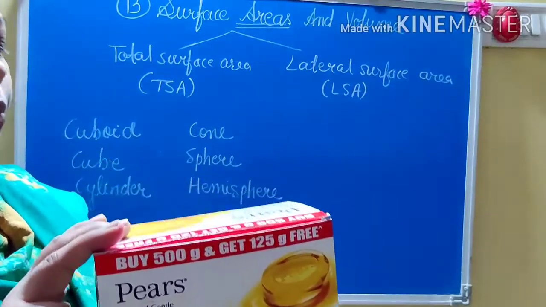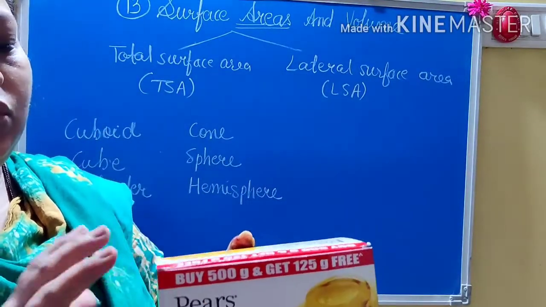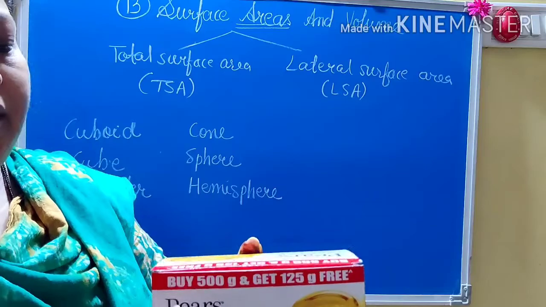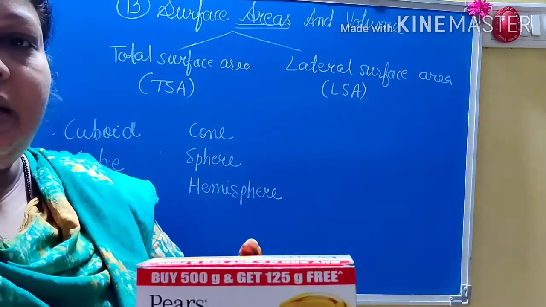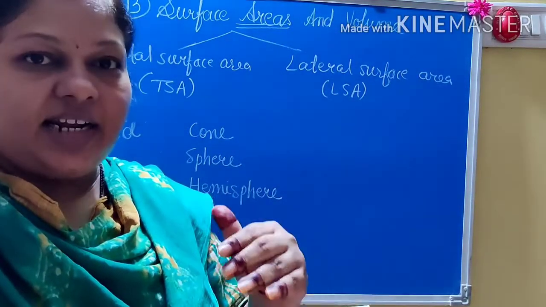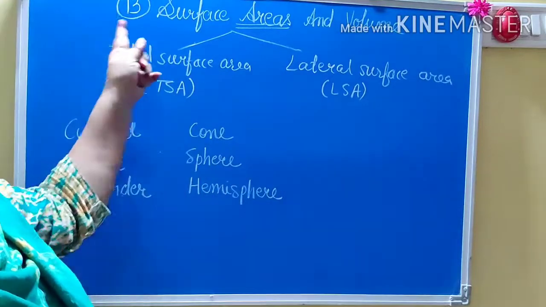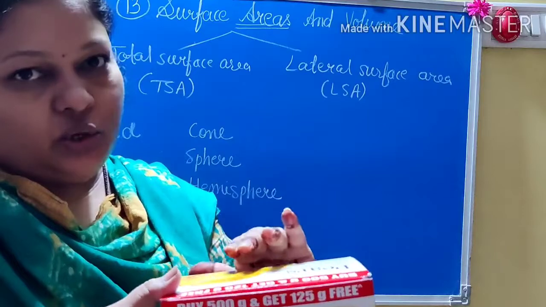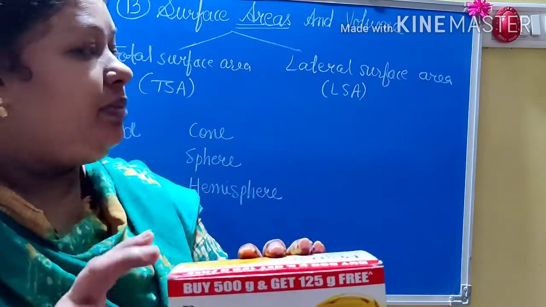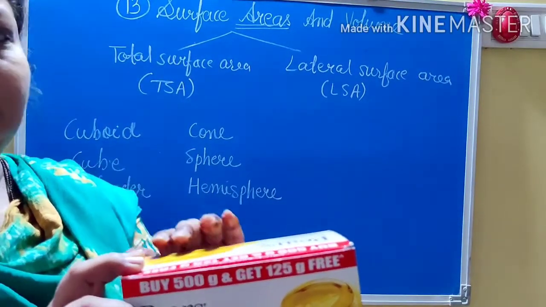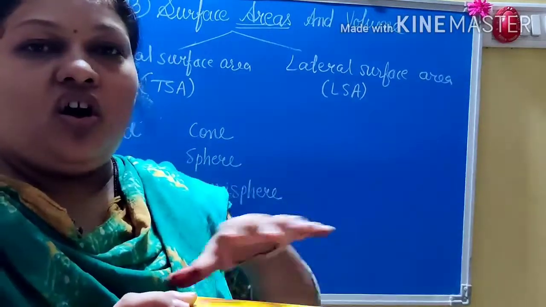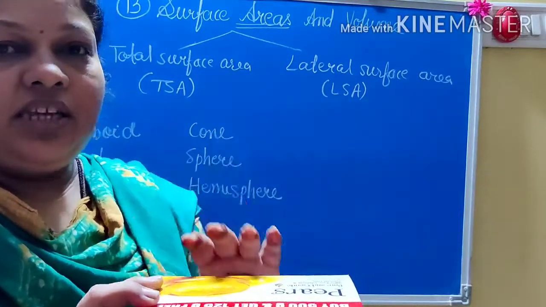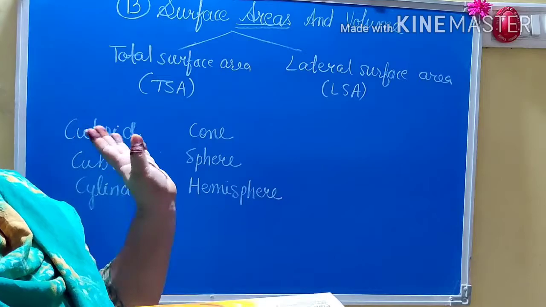So if I find individually the areas of all the six faces and add them, I will get the TSA, or total surface area, of this cuboid. I hope you have understood the meaning of total surface area: the sum of areas of all the faces of the shape.